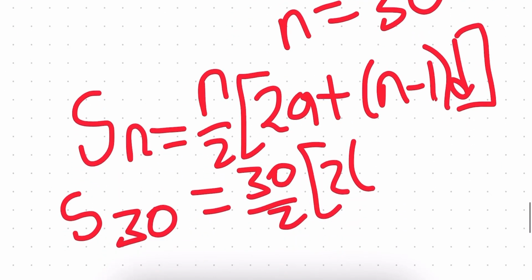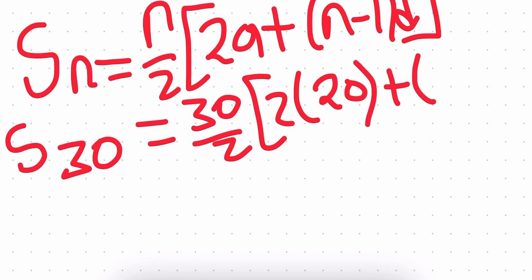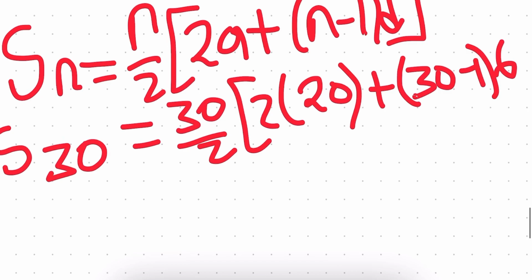Let's go down and solve our problem. Then you write 20 plus your n, which is 30, minus 1. What's your d? Your d is 6.